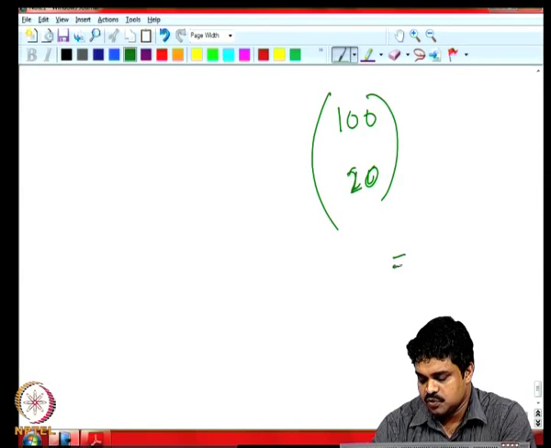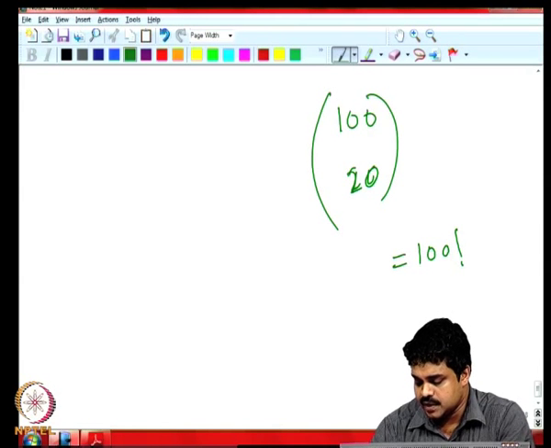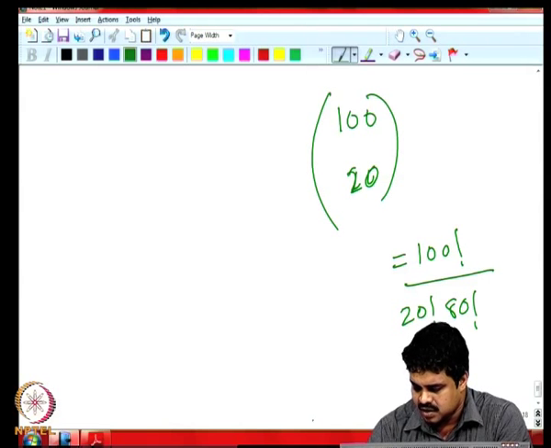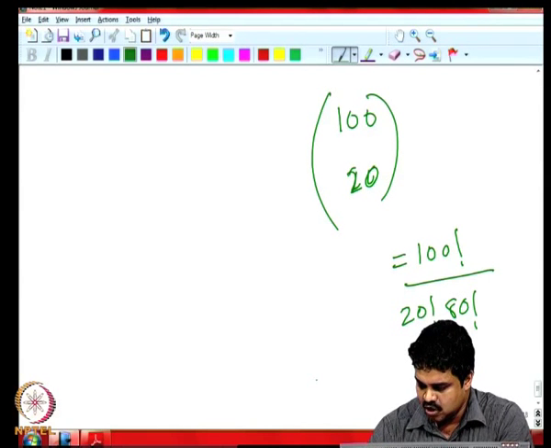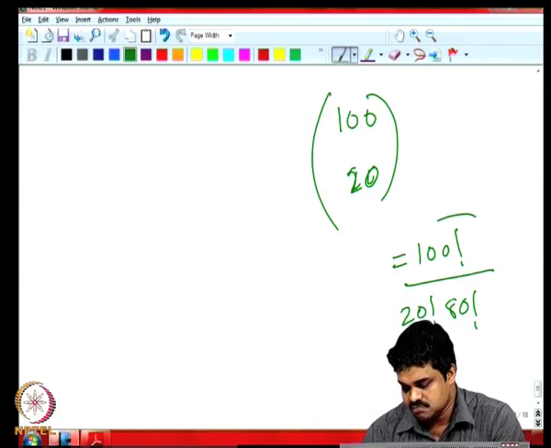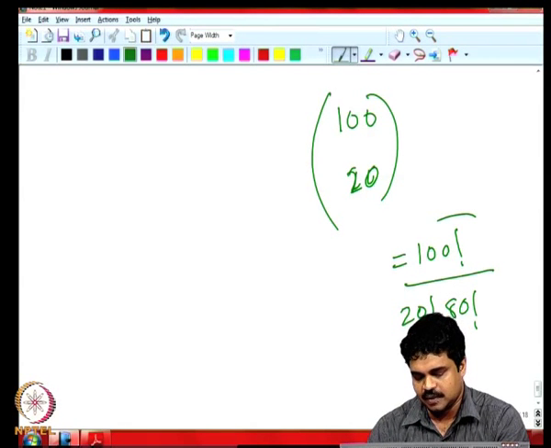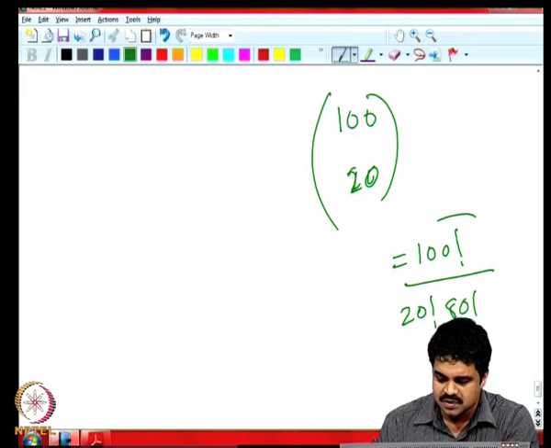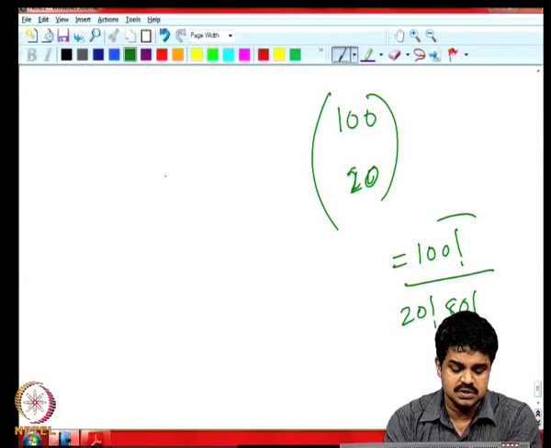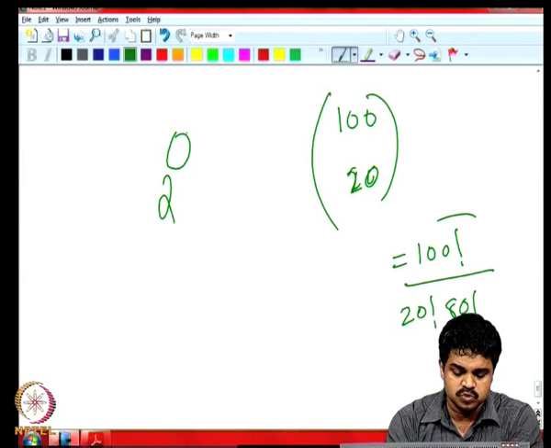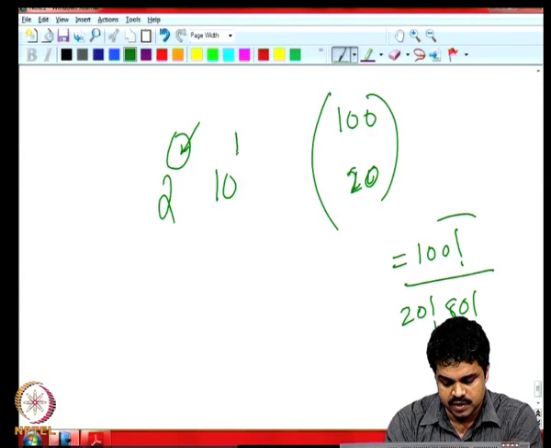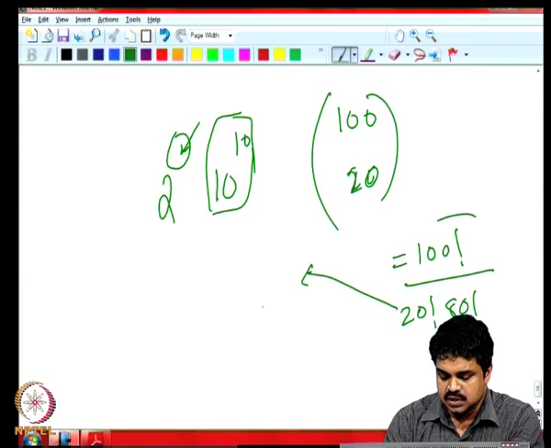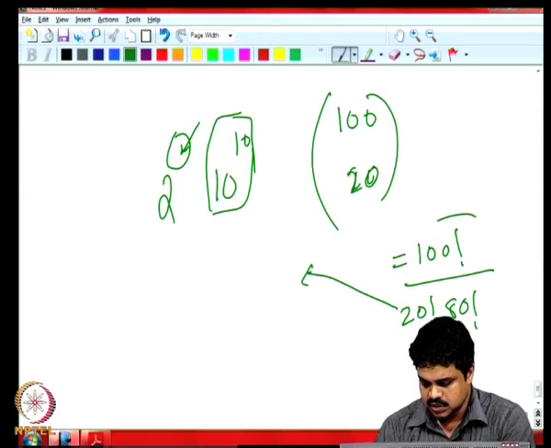We know that this is 100 factorial divided by 20 factorial times 80 factorial, but then it does not make much sense. How big will this be? I cannot get a feel of what 100 factorial is, though that number is just a product. We are more familiar with numbers of the form 2 to the power or 10 to the power and things like that.